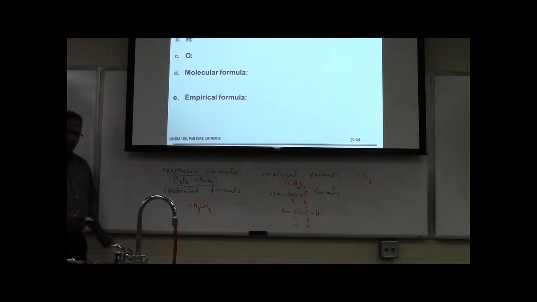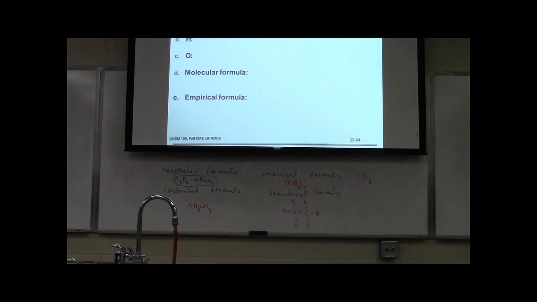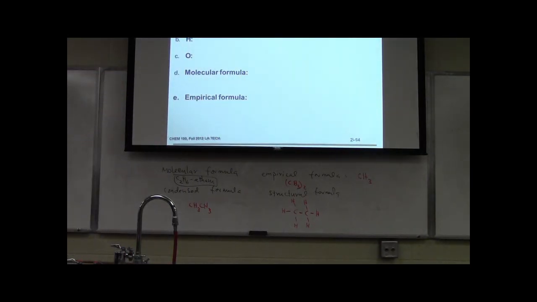That's the empirical formula. Now, one thing you have to understand later: an ionic compound always has an empirical formula. Simple ratio, sodium chloride, calcium chloride, right? They don't have multiples of the formula, okay? Multiples of these numbers.